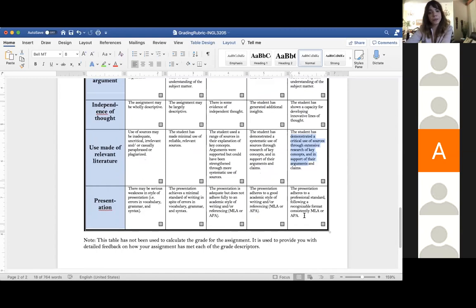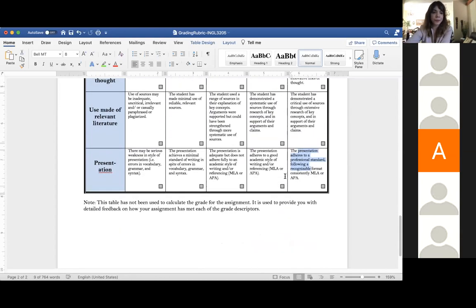Presentation. So basically, does it follow academic English, standard English with punctuation and all that stuff? That's important, even though we're kind of talking a little bit against it. But again, that's important because then I understand it. All right?